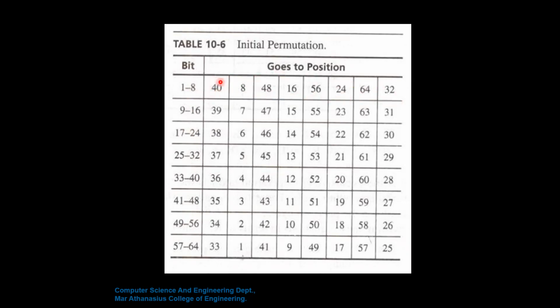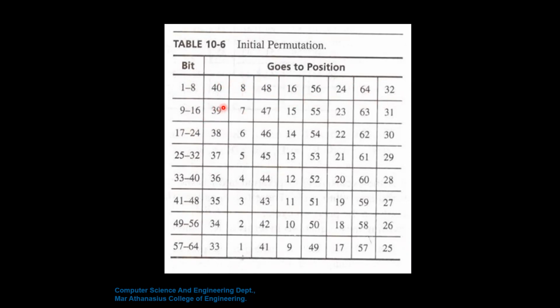Bit number 1 goes to position 40 of the output. Bit at position 2 of the input goes to the 8th position of the output. Bit at position 3 goes to 48 of the output, likewise. So the first 8 bits go to these corresponding positions of the output.